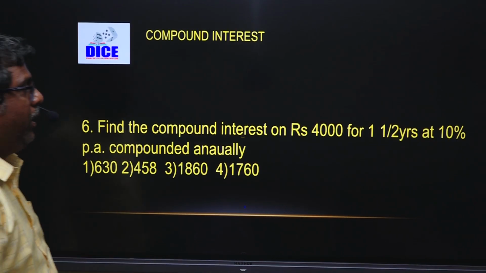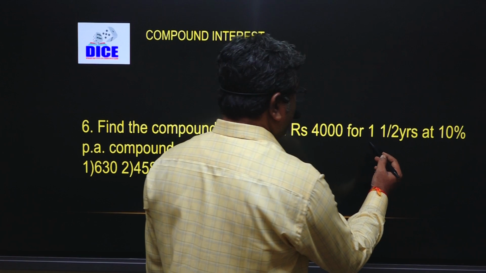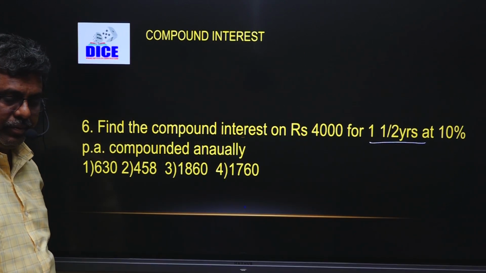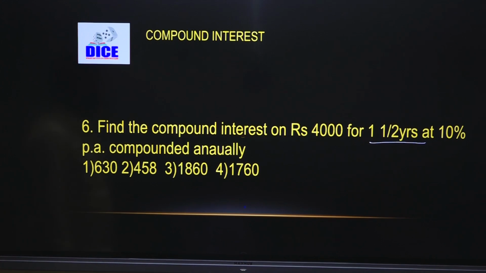Now here they have given 1.5 years. How to find out? Write the problem down, I will tell you. Find the compound interest on rupees 4,000 for 1.5 years at 10% compounded annually.